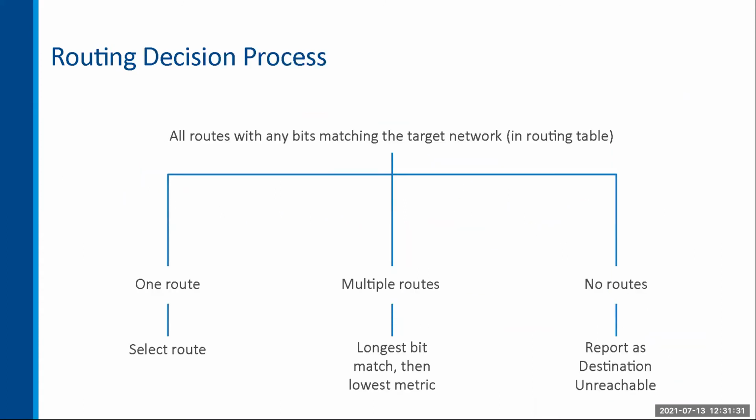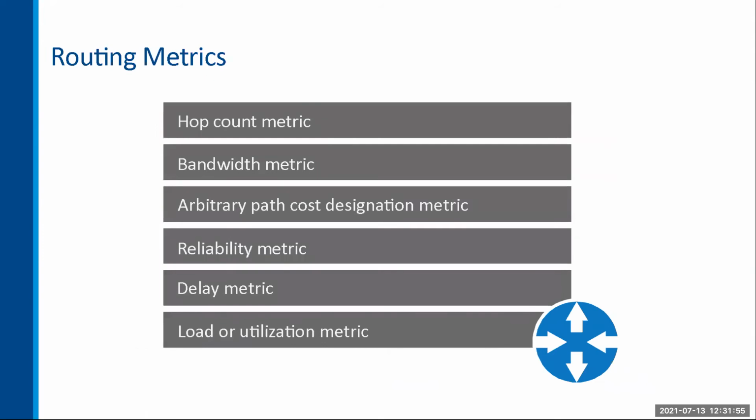The routing decision process can go through a number of different characteristics. As long as there is at least one route, we will go out that route. If there are multiple routes in our routing table, we'll make the longest bit match first. Usually we won't see something like this because your routing metrics will determine exactly which of these are entered into your routing table.